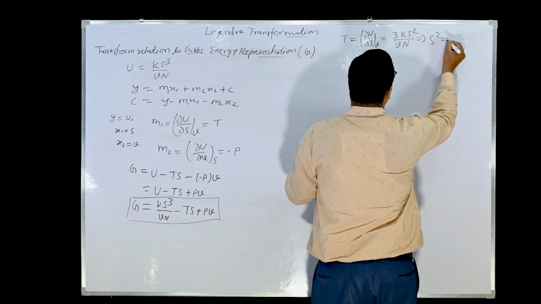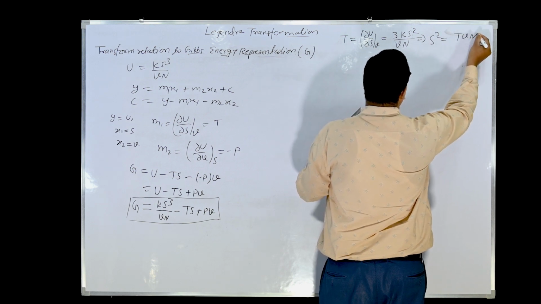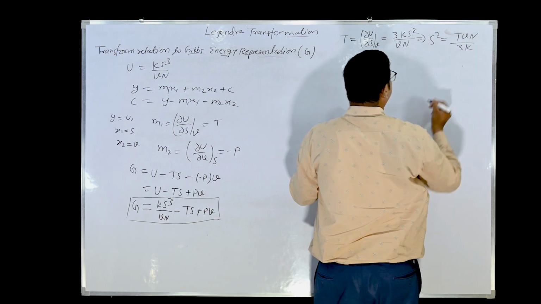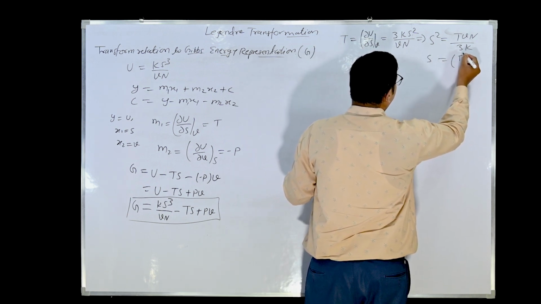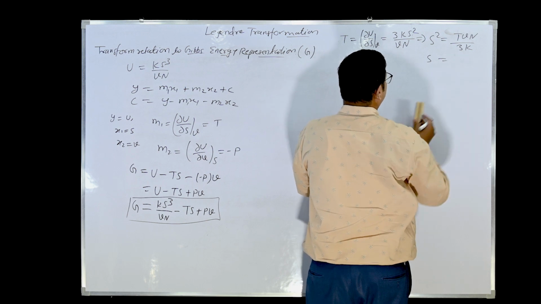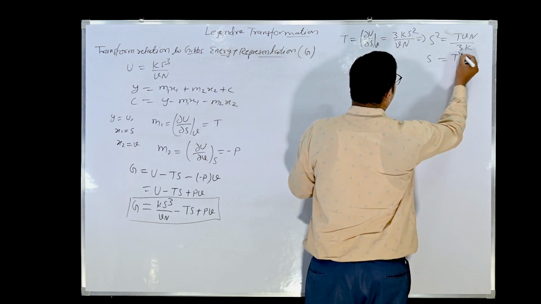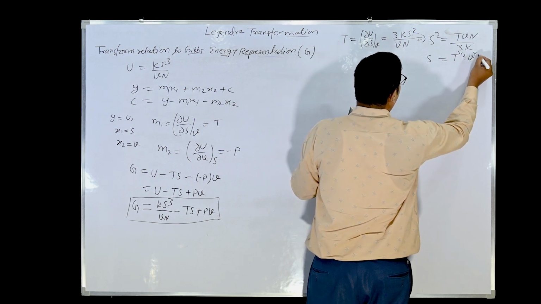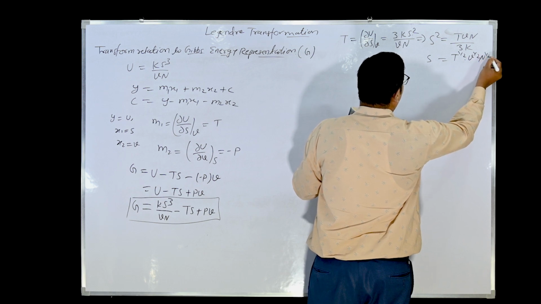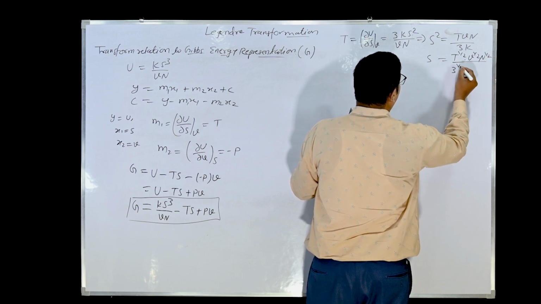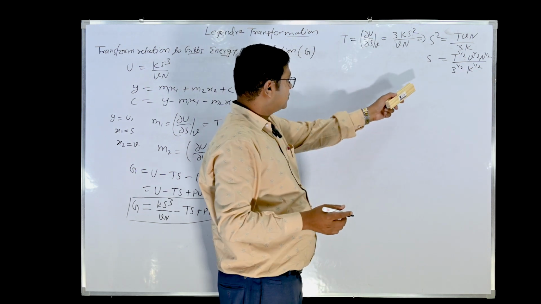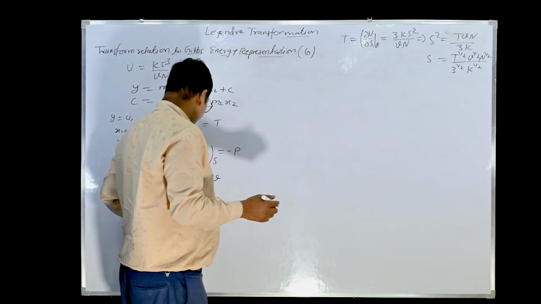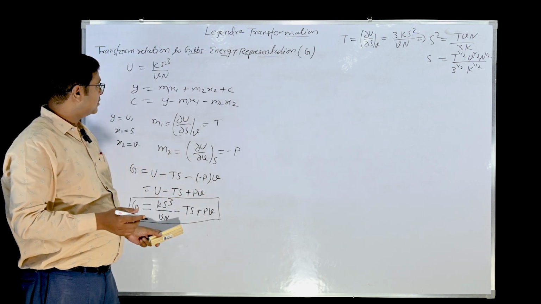So we can write S square is equal to TVn by 3K, or S is equal to, better you write in this way, T to the power 1 by 2, V to the power 1 by 2, N to the power 1 by 2, 3 to the power 1 by 2, and K to the power 1 by 2. So this entropy now we can put here, and the relation will be rearranged.